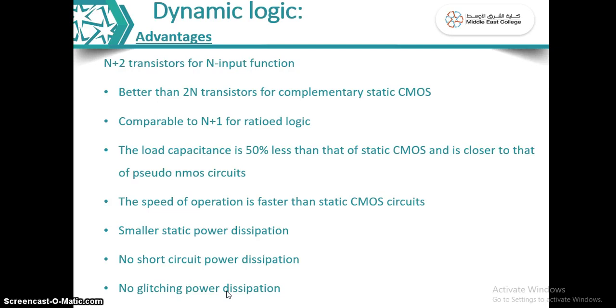That means your outputs keep on changing before settling, and that is how glitches happen. This glitching effect is not there in dynamic CMOS gates, because its operation is again in two phases, pre-charge and evaluation. So we don't have glitching power dissipation in dynamic logic gates. These are the main advantages of dynamic logic gates.